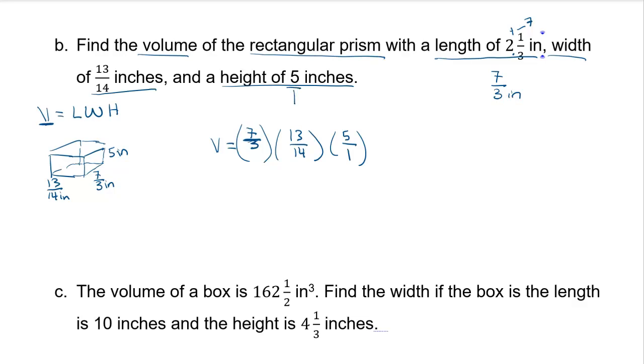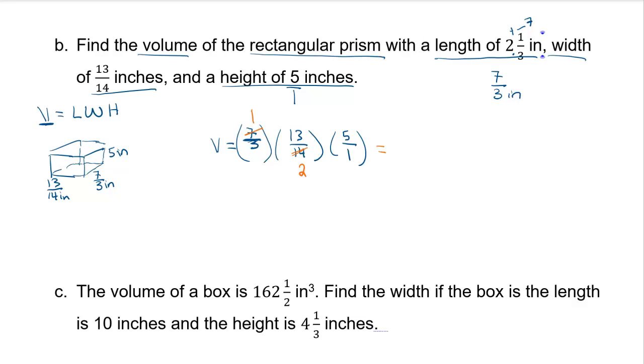All right, we are multiplying fractions, so we need to cross cancel. So I have 7 and 14. So 7 goes into 7 one time, 7 goes into 14 twice. Now, I don't actually see any other numbers that can be simplified out, so I am now ready to multiply across.